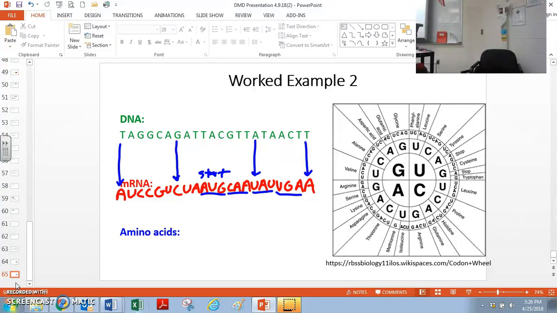So in order to do this, we've got our AUG. That's going to give us methionine. And then CAA, looks like. So CAA is going to give us glutamine, or GLN.